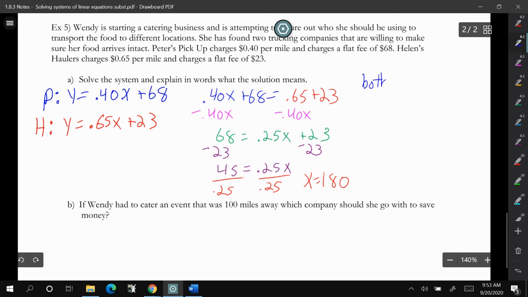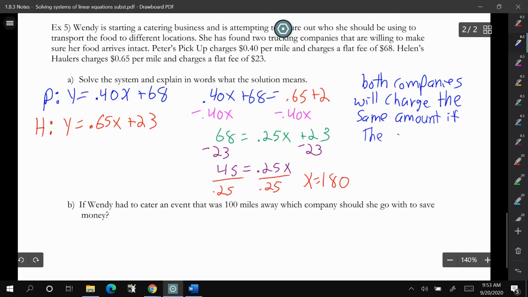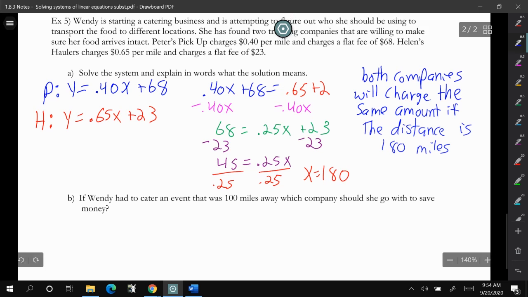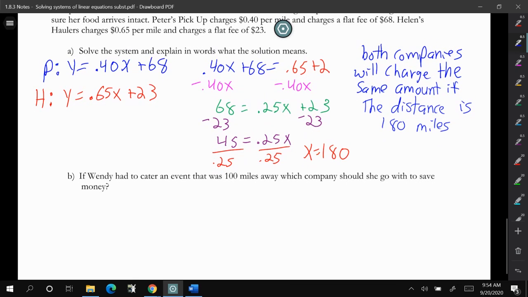So both companies will charge the same amount if the distance is 180 miles. Okay, letter B says if Wendy had to cater an event that was 100 miles away, which company should she go with to save money?